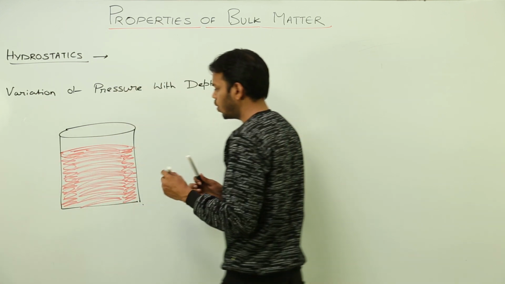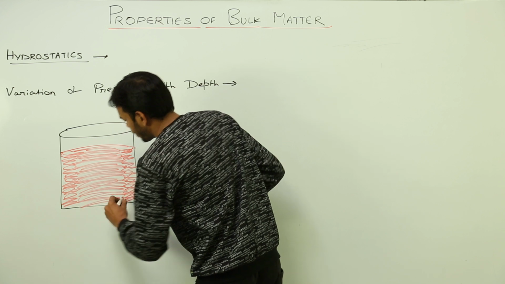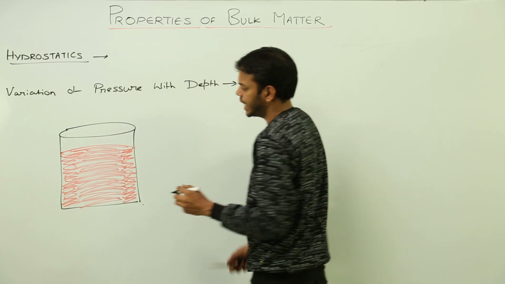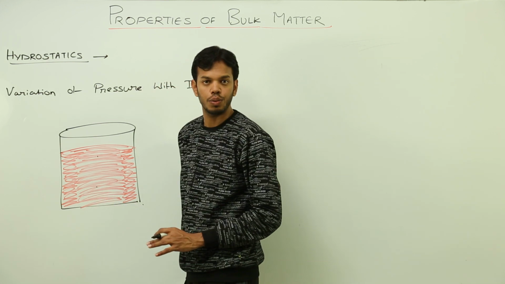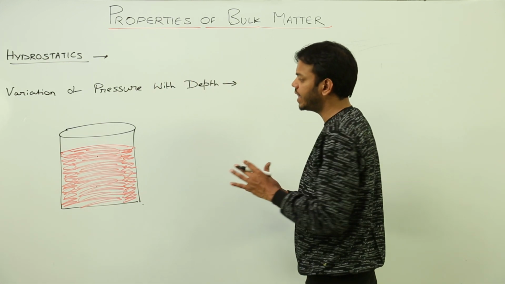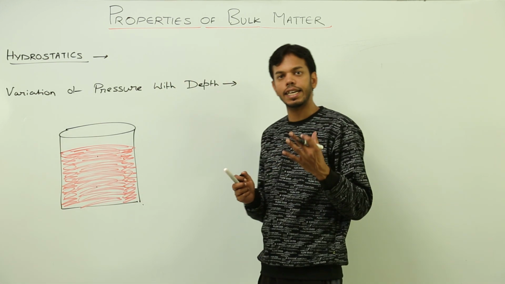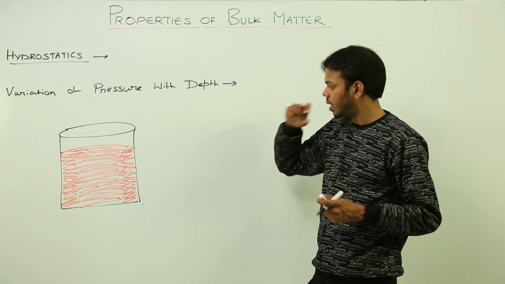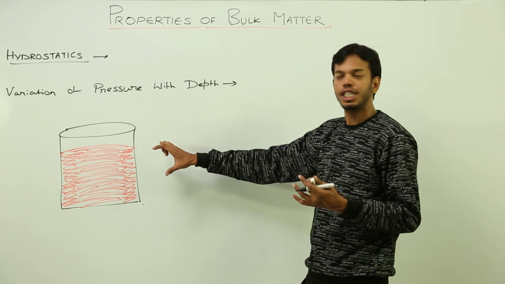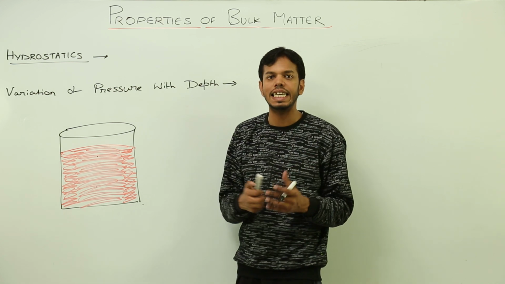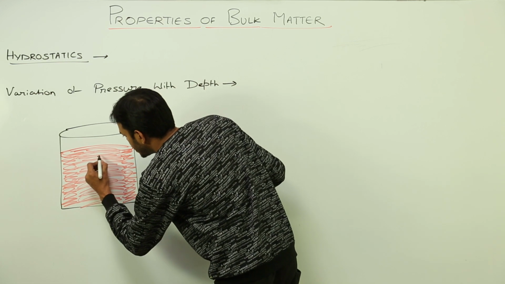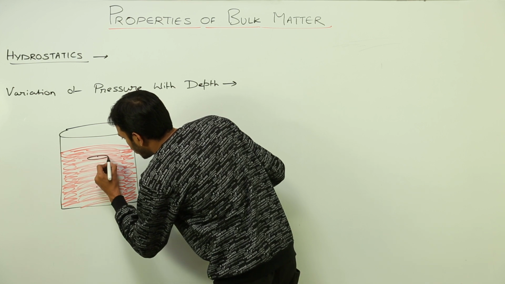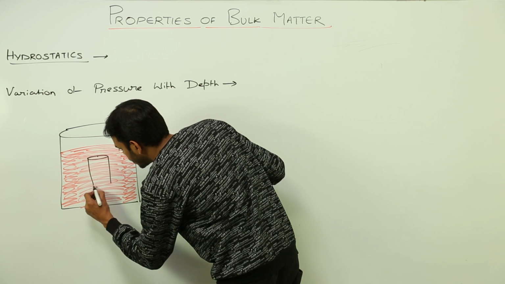We are considering two imaginary points inside the liquid, let them be P and Q, and between these two points we are imagining a liquid column of cylindrical shape. This is my liquid column of cylindrical shape.